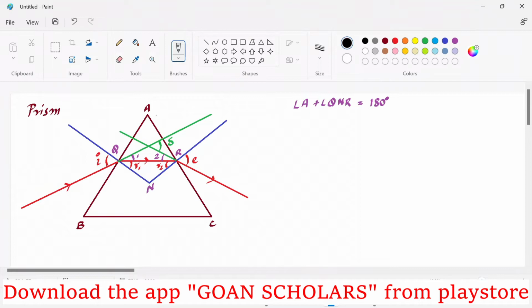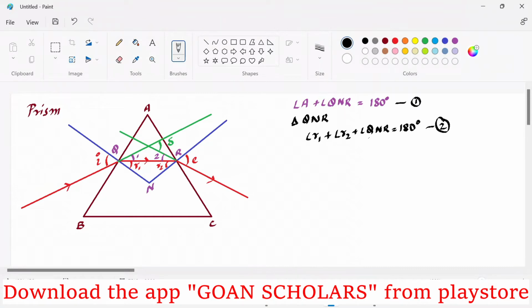Now, if you look at the triangle QNR, in this triangle, angle R1 plus angle R2 plus angle QNR is equal to 180 degrees. Now, if you compare equation 1 and equation 2, the right hand side of both has 180 degrees, and angle QNR is common.